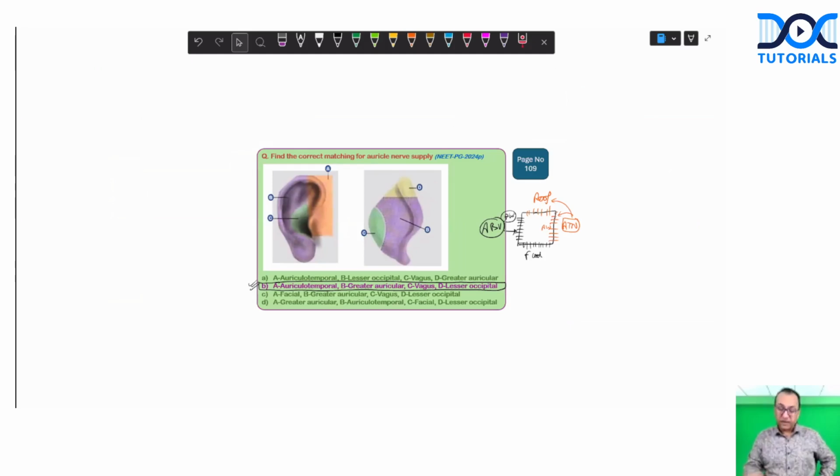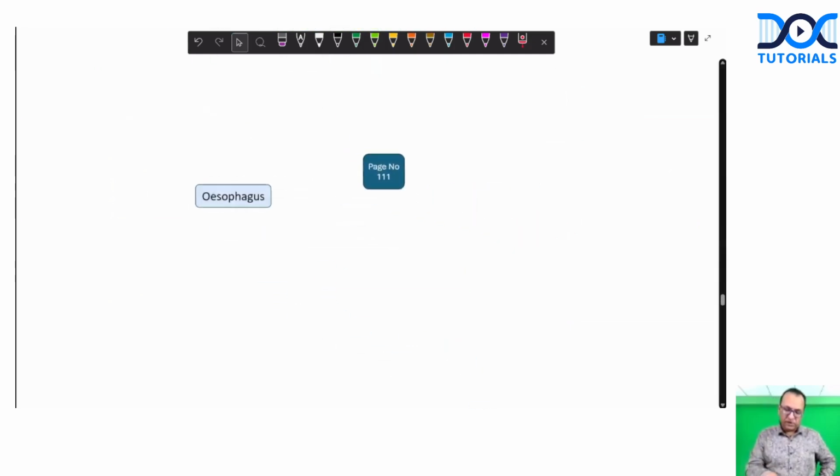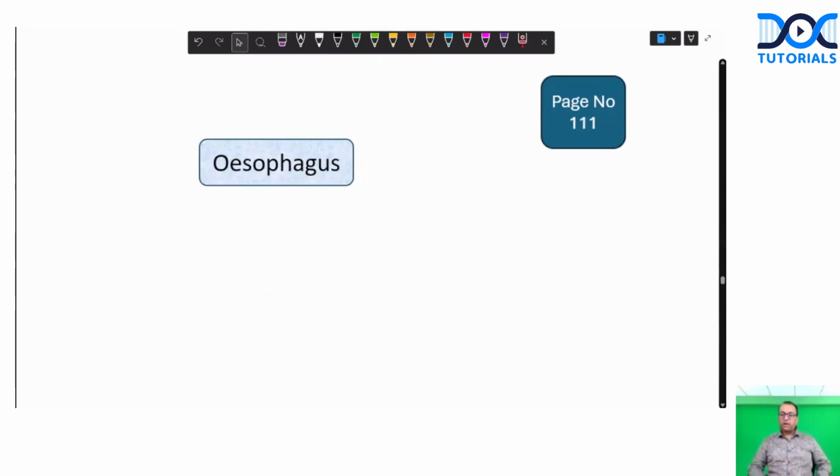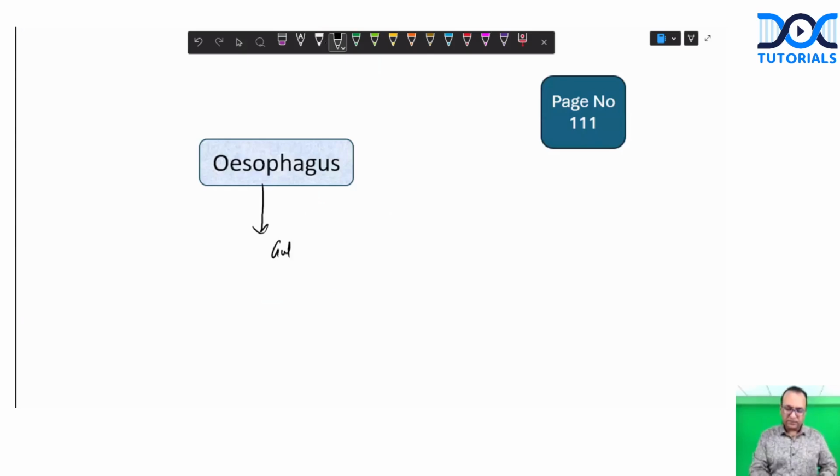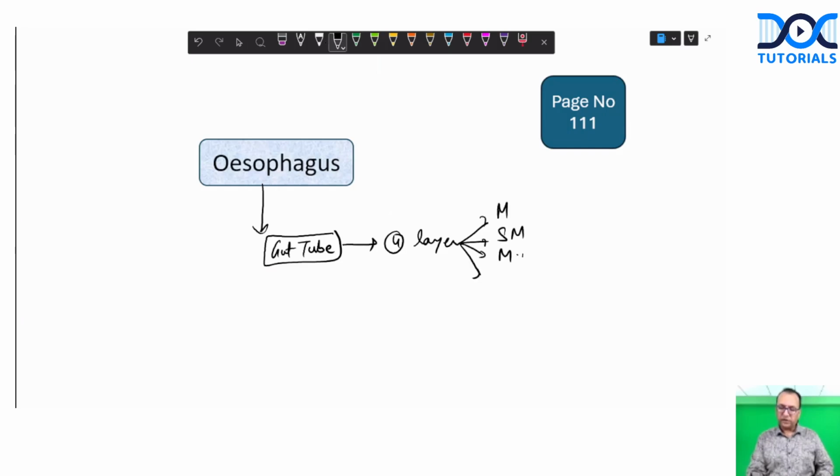Let us see. Okay, so esophagus. Page number 111. Esophagus, as we understand, is a part of the gut tube, but then it is not in the abdomen. So a question comes: the gut tube will have four layers, which normally we say are mucosa, submucosa, muscular externa, and serosa.